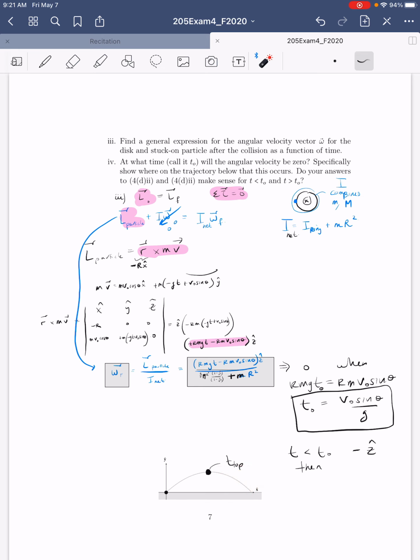Did I mess that up? I did mess it up. I messed up a minus sign. People, don't hate me. Damn it, I'm off by a minus sign somewhere.